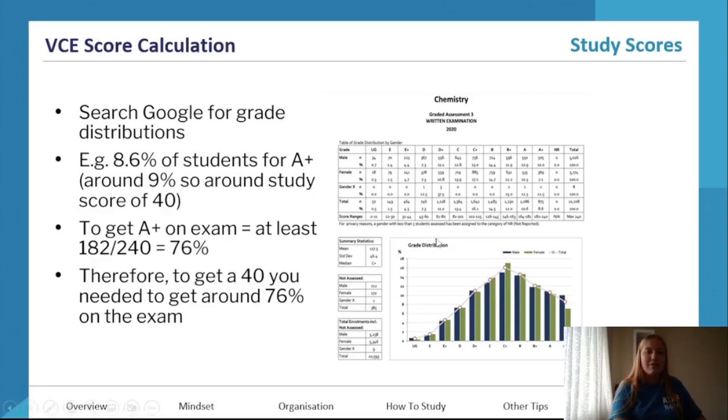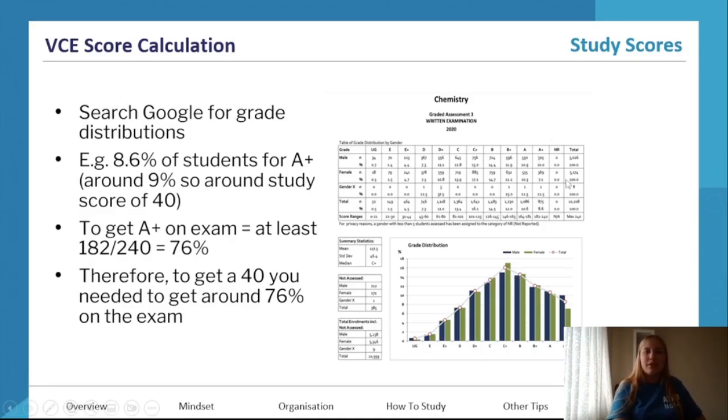So how can we find out what the specific study scores for a subject are? We have an example here for chemistry, but essentially you can go on Google to search for grade distributions for a subject. So this is exam grades, right? Ungraded pretty much means fail, then E plus, D plus, C plus, all the way up to A plus, and not recorded being in there.